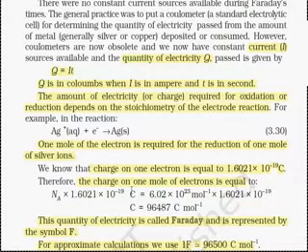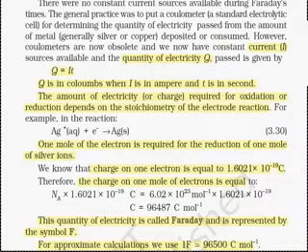Therefore, the charge on 1 mole of electrons will be equal to 1.6021 into 10 raised to minus 19 into Avogadro number, that is 6.02 into 10 raised to 23, which will be equal to 96487 coulomb per mole. This quantity of electricity is called Faraday and is represented by the symbol F.